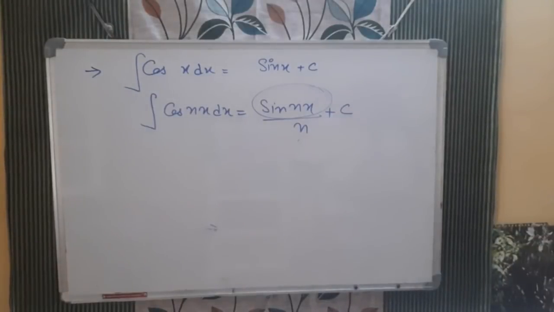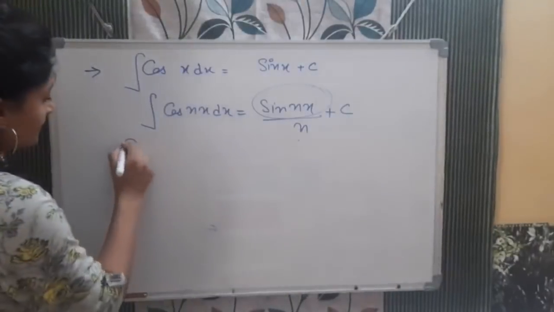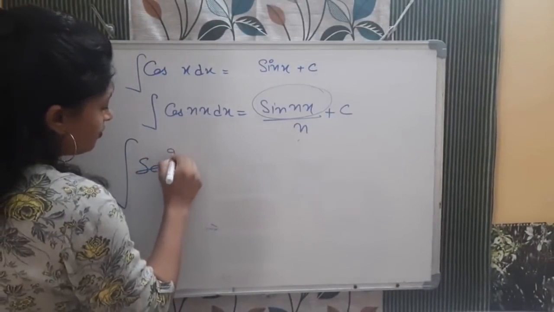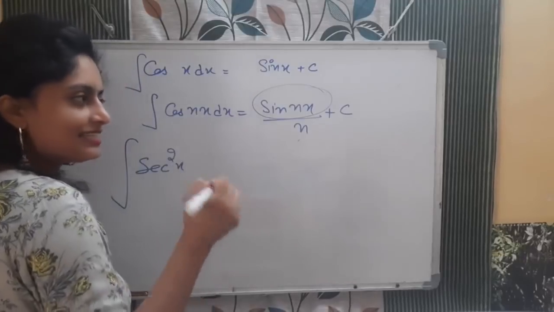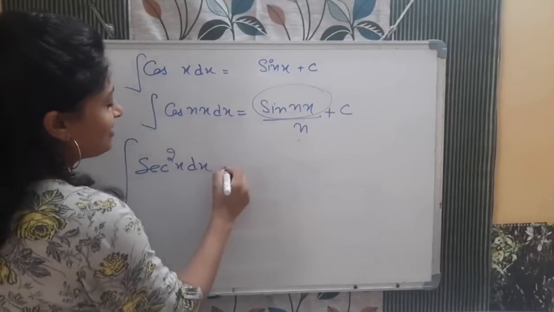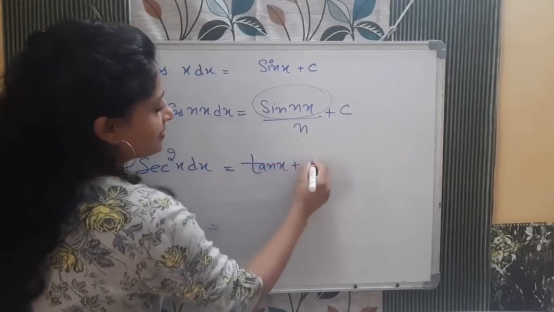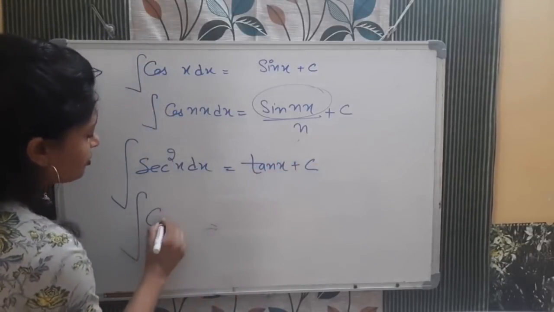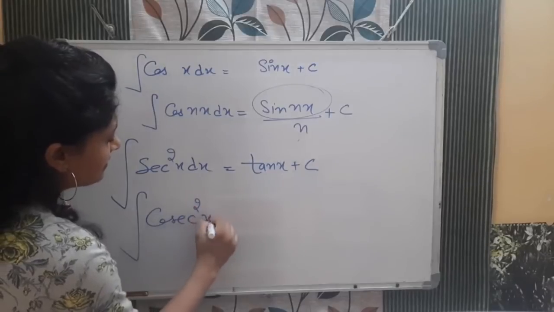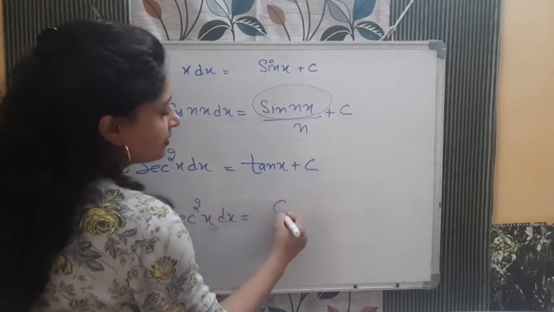Now the next is our secant square. Now secant square, you all know what was the differentiation of tangent x? Secant square x. So what will happen? What will be the integration of secant square x? Tangent x plus c. Same way cosecant square x dx, what will it become?